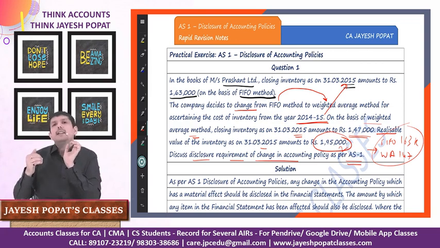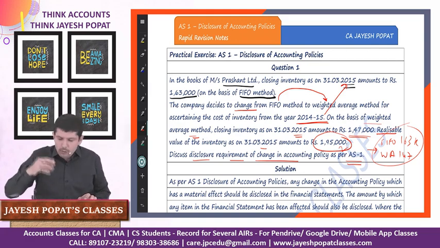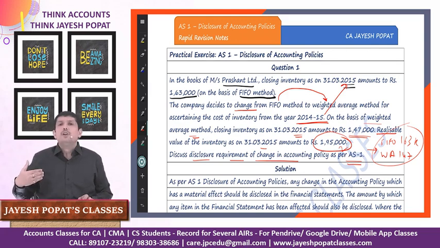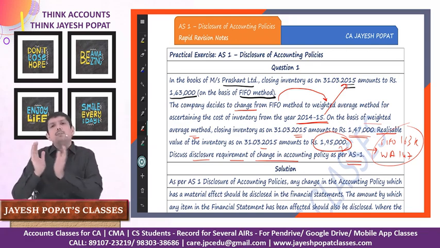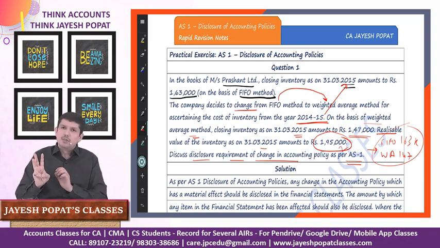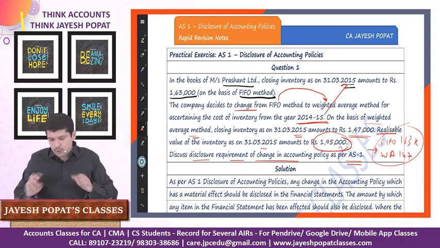And then finally the last paragraph will be the conclusion paragraph, where you will basically have to state your opinion, or maybe in this case you will have to draft your note, based on the fact that you have to make a separate conclusion. So three parts in which it should be divided: first, the requirement of the accounting standard, then the evaluation of the case which has been given in the question, and finally the conclusion portion.